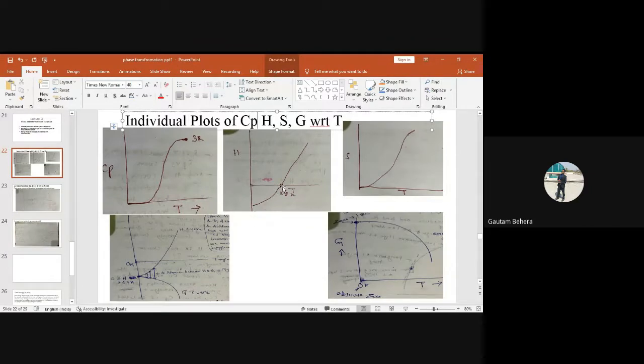This means at this temperature, just look at the cursor, enthalpy is 0. Enthalpy is 0 at this temperature. That reference temperature is 298 Kelvin. Fine. So basically we assume if your material is pure and you are at 298 Kelvin, then enthalpy is 0.